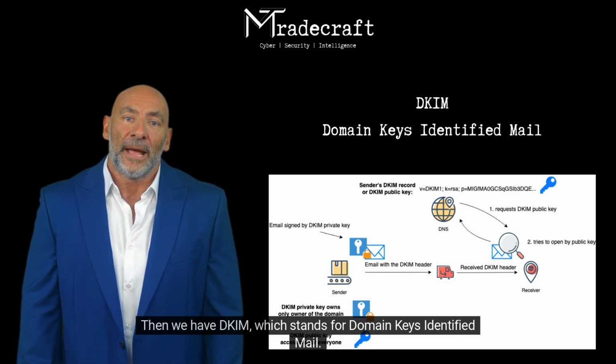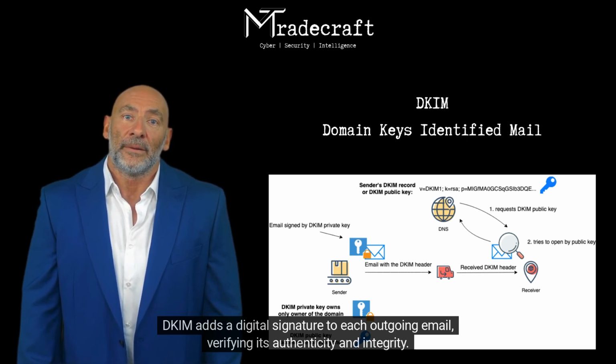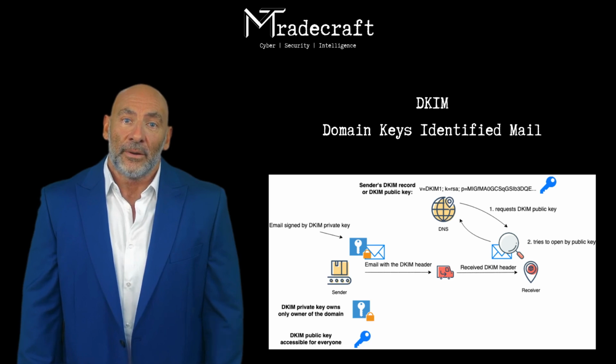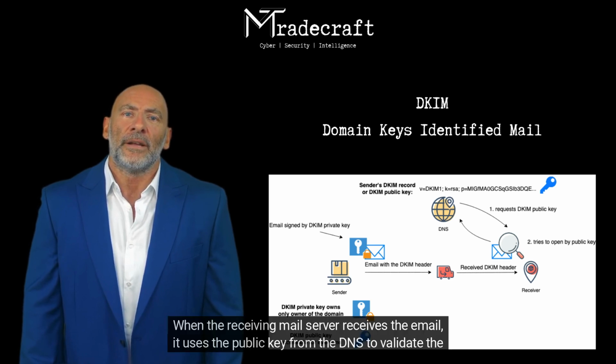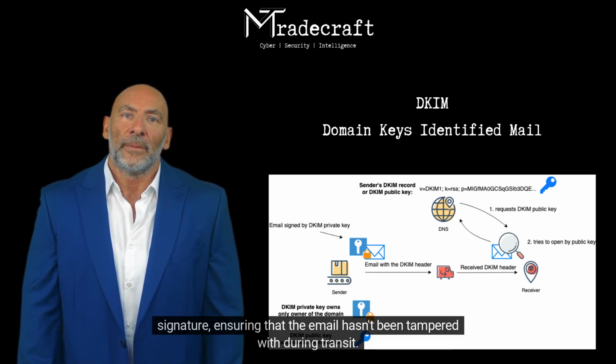Then we have DKIM, which stands for Domain Keys Identified Mail. DKIM adds a digital signature to each outgoing email, verifying its authenticity and integrity. This signature is created using cryptographic keys that are stored on the sending server. When the receiving mail server receives the email, it uses the public key from the DNS to validate the signature, ensuring that the email hasn't been tampered with during transit.